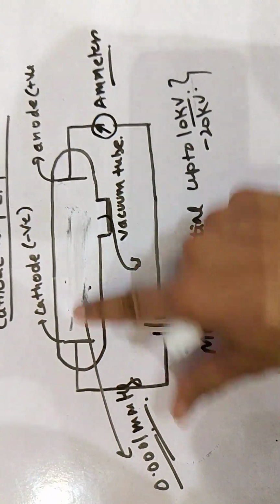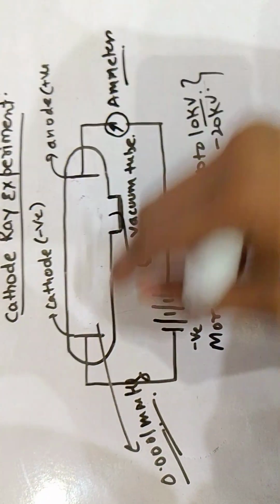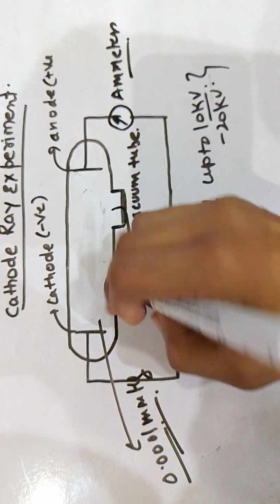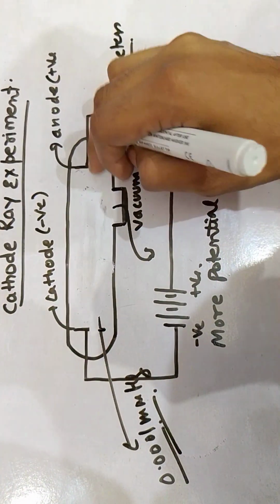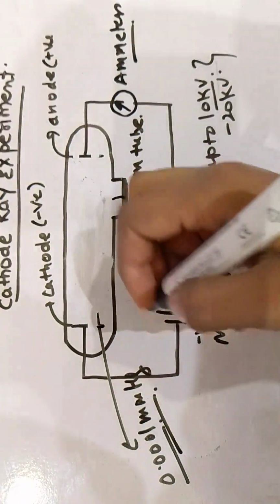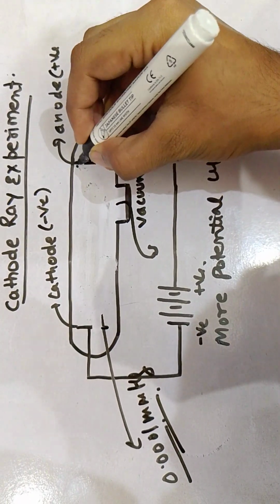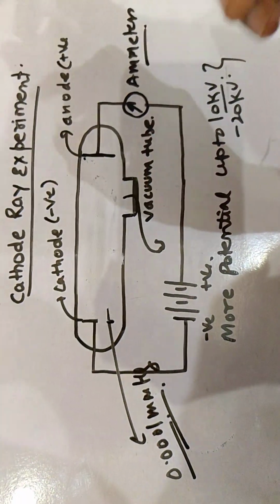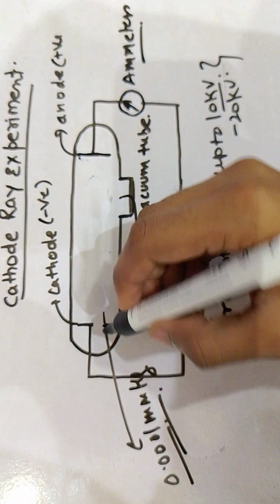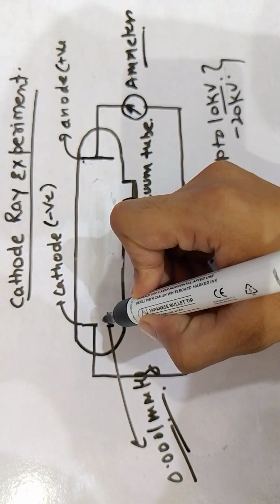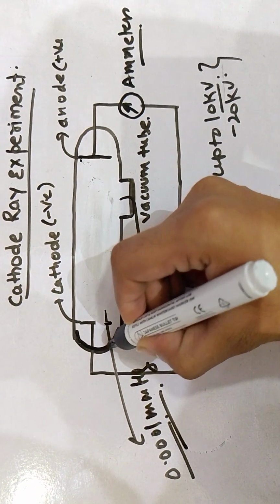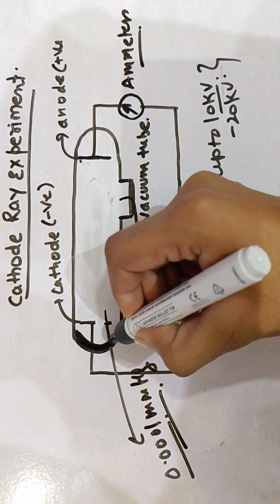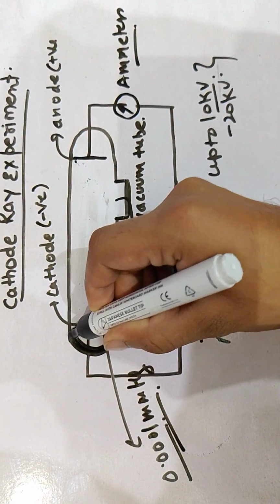So what we did was cut this metal material, and what happened was there was no movement. And we added fluorescence, meaning a sparkling material, here.